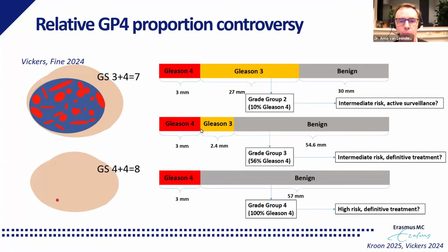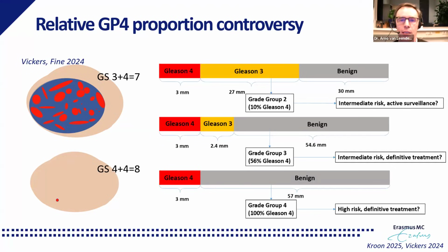However, the second biopsy has a little bit less pattern 3. This would be unfavorable intermediate risk. The patient would generally not be eligible for active surveillance anymore, and here we would consider definitive treatment. And in the last biopsy, no pattern 3 is present anymore. This would be Gleason score 8, so high risk disease and definitive treatment.